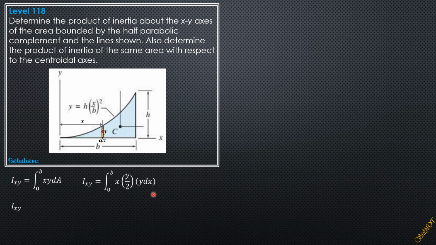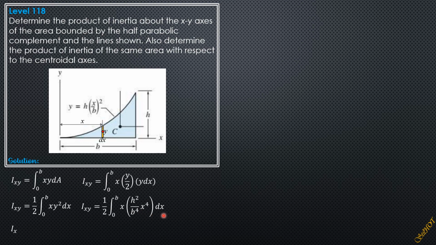So Ixy equals 1/2 the integral of x y squared from 0 to b dx, where y squared is the square of this equation, so it is h squared x to the fourth over b to the fourth. So Ixy is 1/2 the integral from 0 to b of x times h squared x to the fourth over b to the fourth dx.